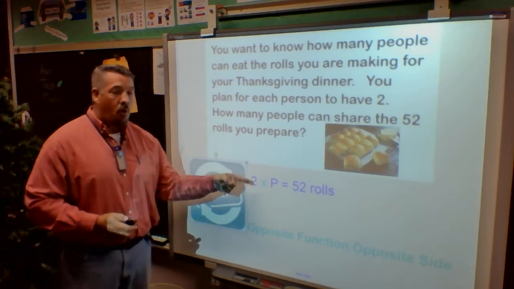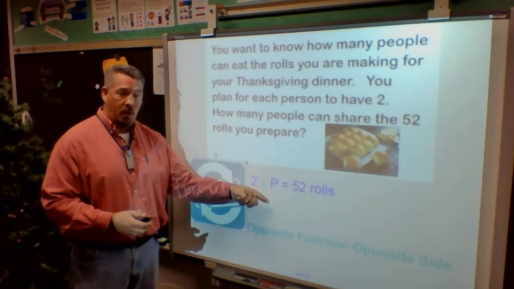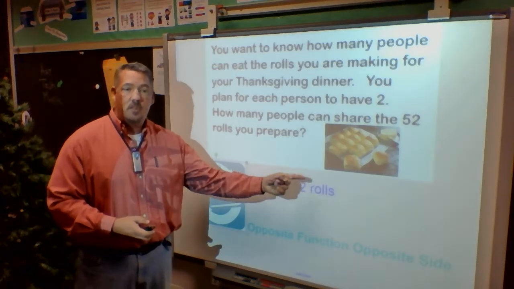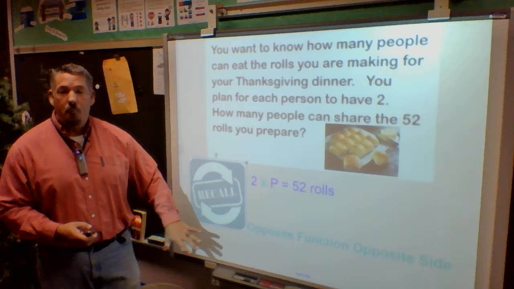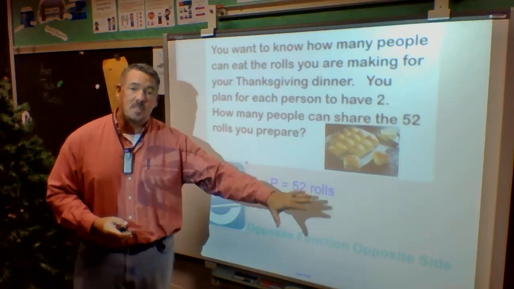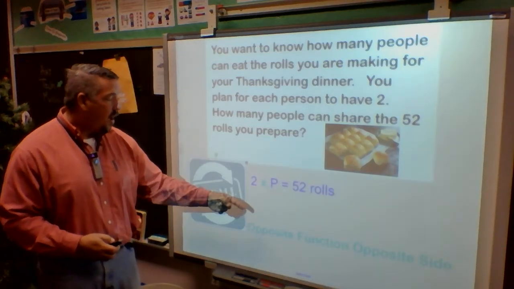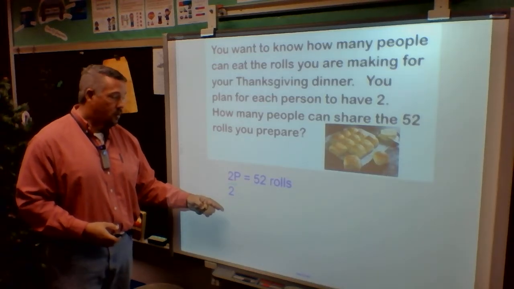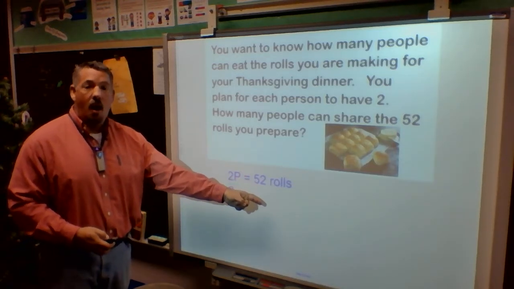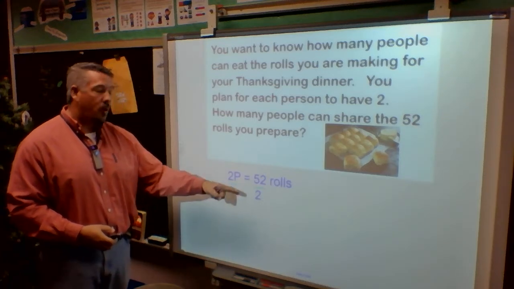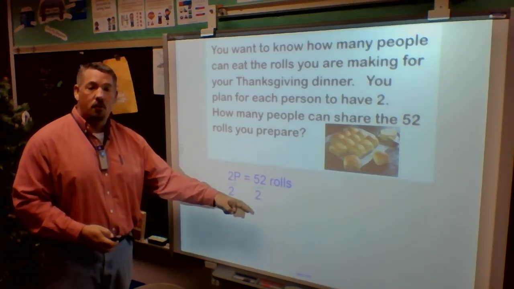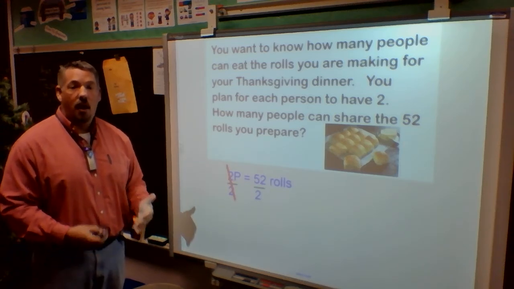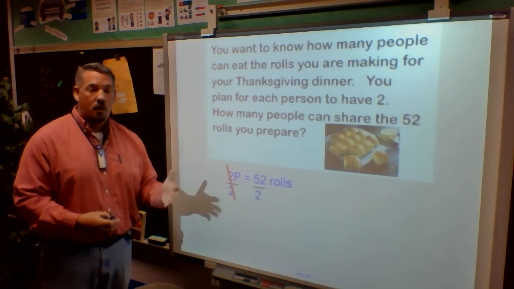So if I'm taking 2 times the p, or 2 times the people, and I'm going to get 52 rolls, then my opposite function and opposite side tells me to divide by 2. If I divide by 2, I'm also going to do the opposite side, which tells me that I'm going to divide by 2. These, once again, cancel out, and I don't have to worry about them. 2 over 2 is 1.